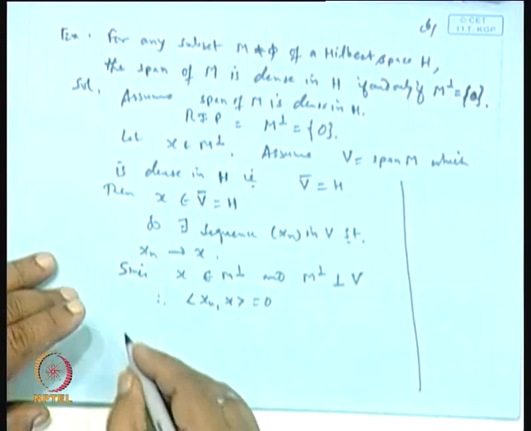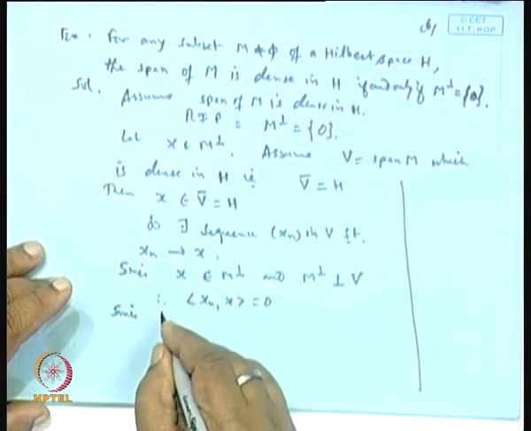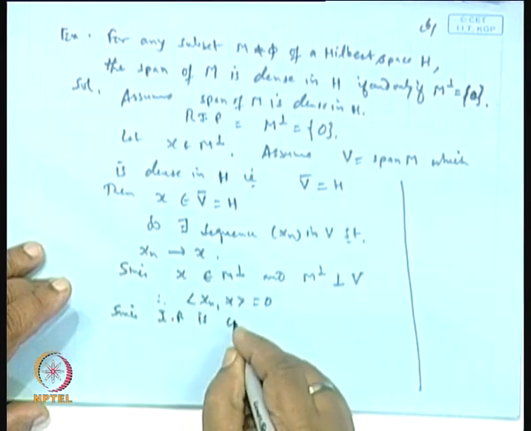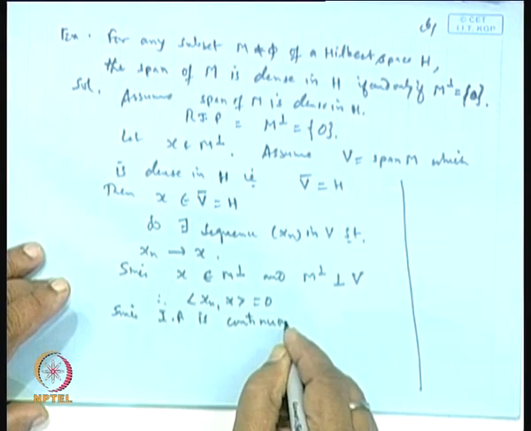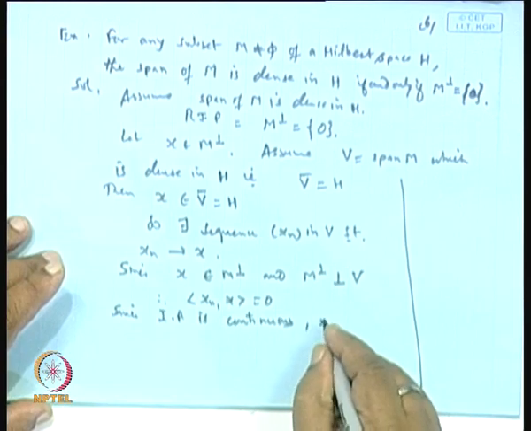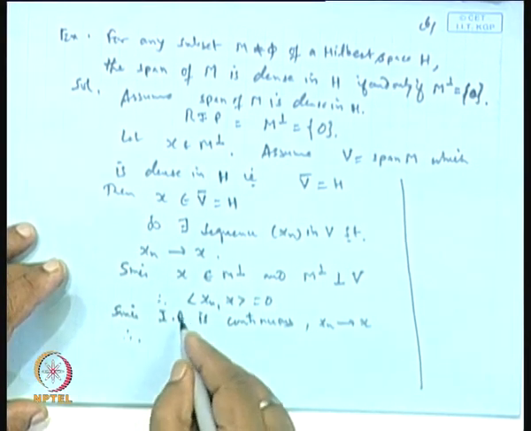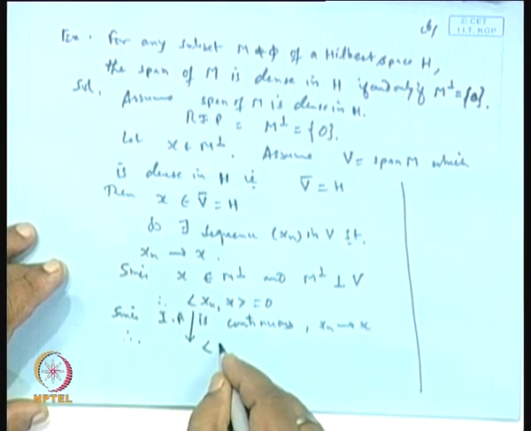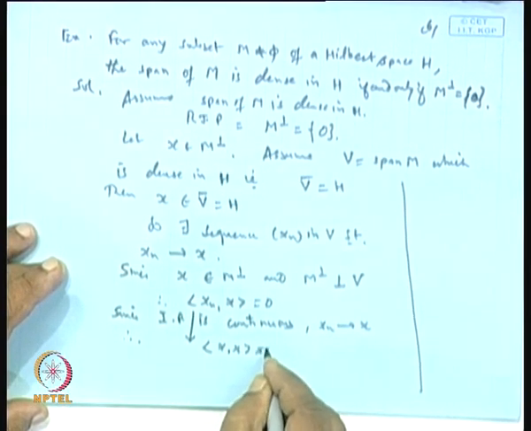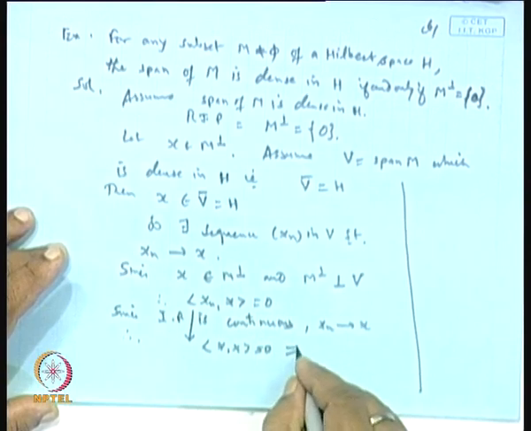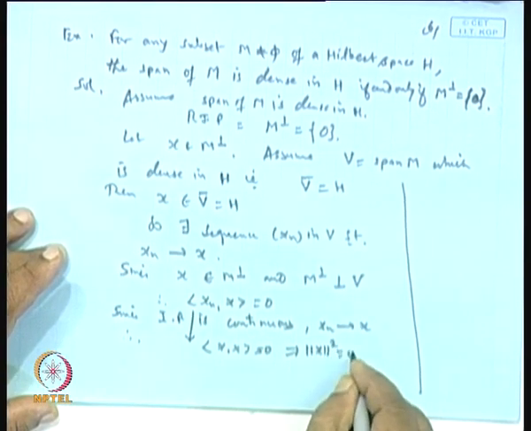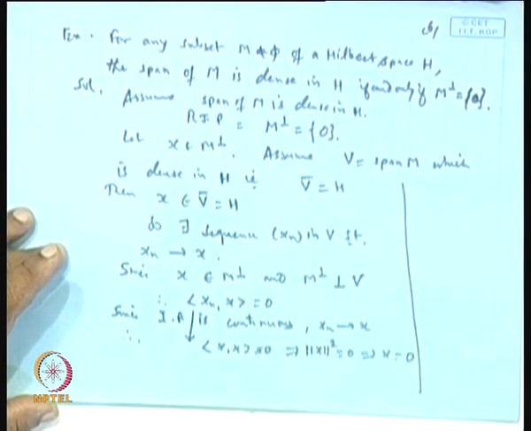But since the inner product is continuous and x_n goes to x, this implies the inner product of x and x is 0. Inner product of x with x being 0 means norm x squared is 0, which implies x is 0.